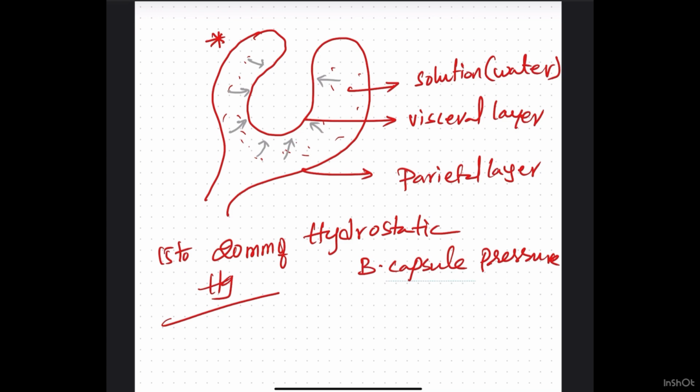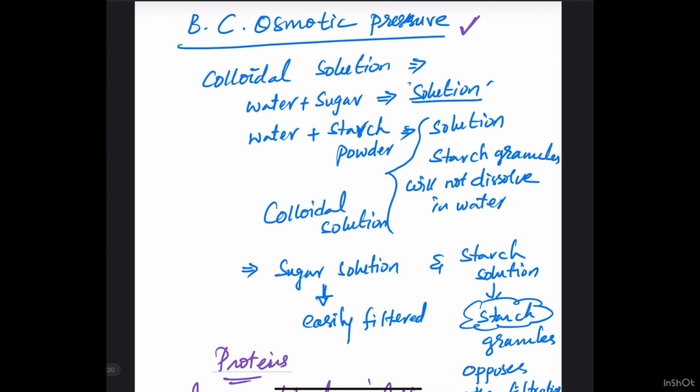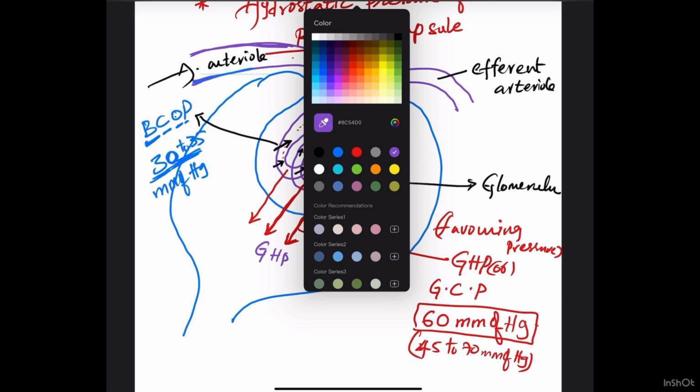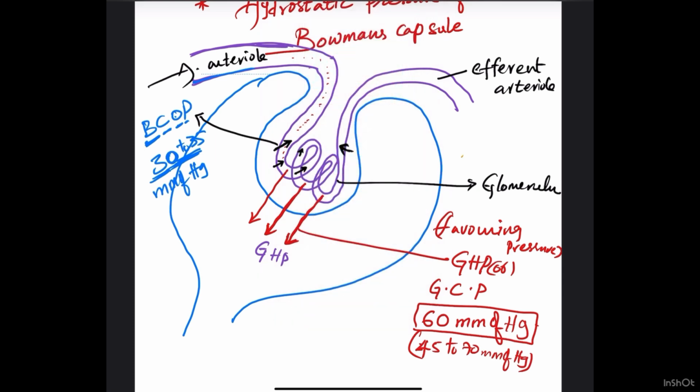I'll show the same diagram now. You can see that in the Bowman's capsule the fluid is there, and this opposes, the one I am drawing in yellow. So we are considering this hydrostatic pressure, about 20 mm of Hg.